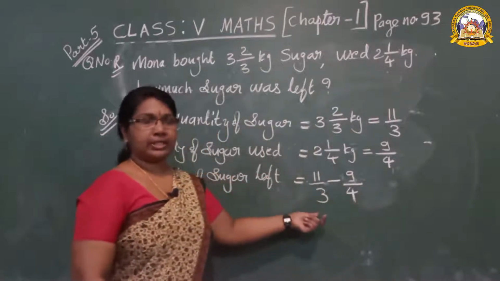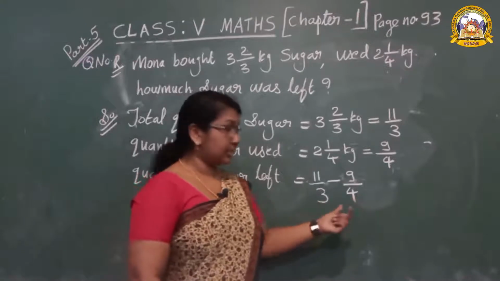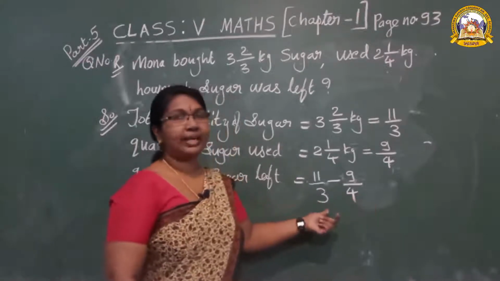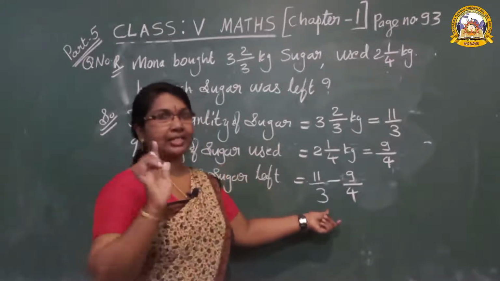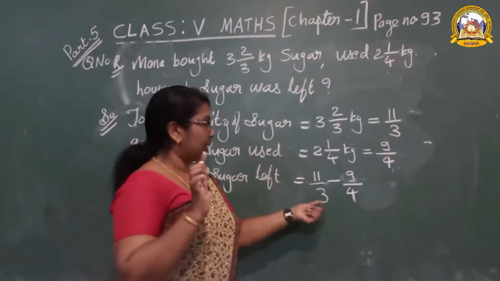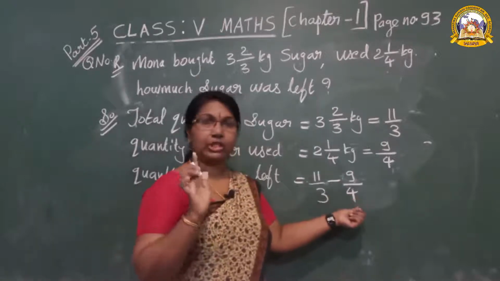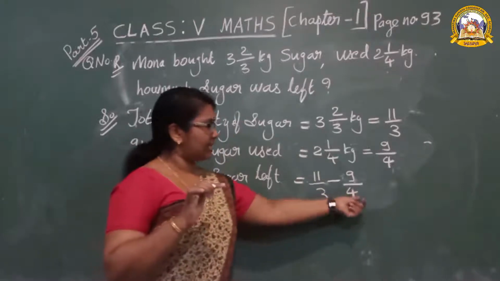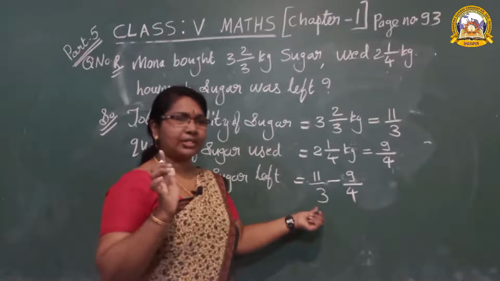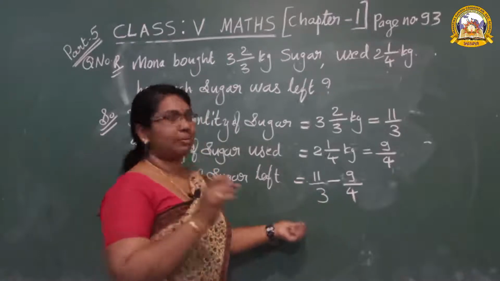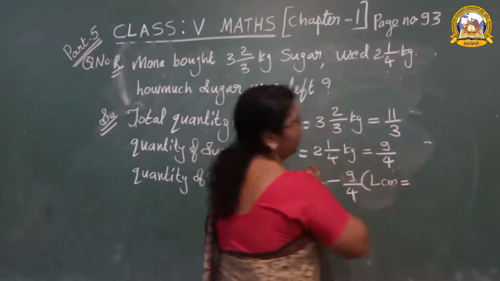While we are doing subtraction, we know when the denominators are different, we have to find the LCM. LCM we studied in part 4, no? LCM, lowest common multiple. Here these are unlike fractions. When denominators are the same, they are called like fractions. Can you say what is the LCM of 3 and 4? How to find the LCM? Yes, by common multiples.